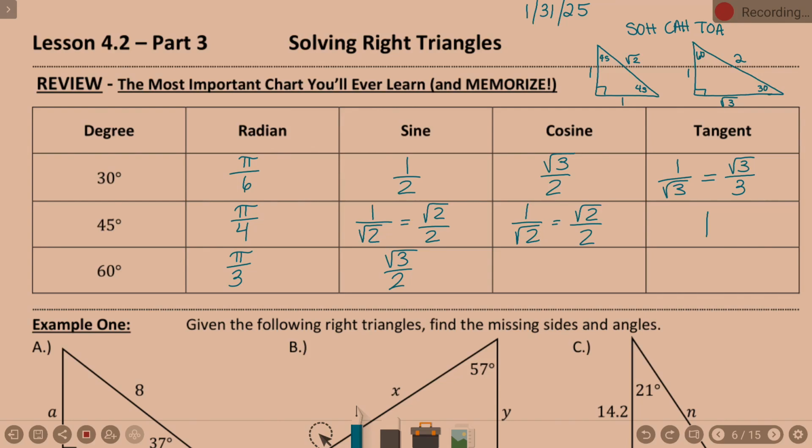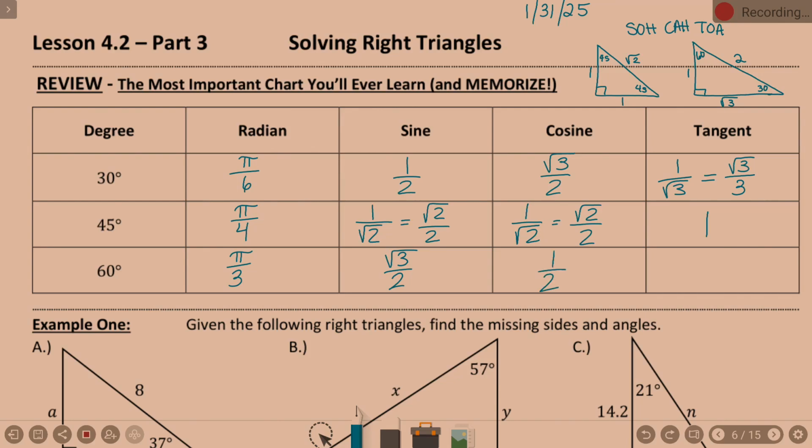Cosine, so SOHCAHTOA, cosine is adjacent over hypotenuse. Rewind here briefly: opposite means the side opposite, so opposite the 60 was square root of 3. The adjacent side is the side that touches it that's not the hypotenuse. So adjacent to the 60 is the 1, over the hypotenuse, which is 2.